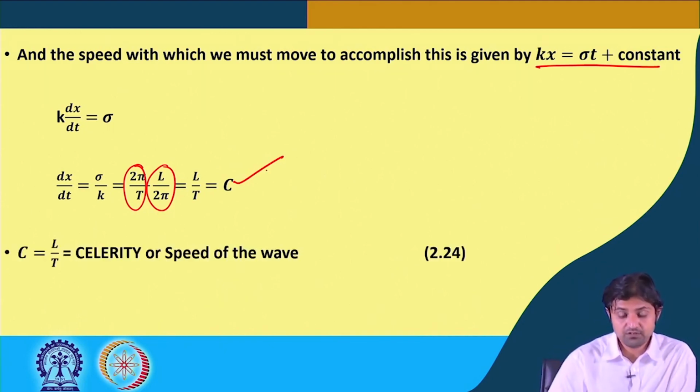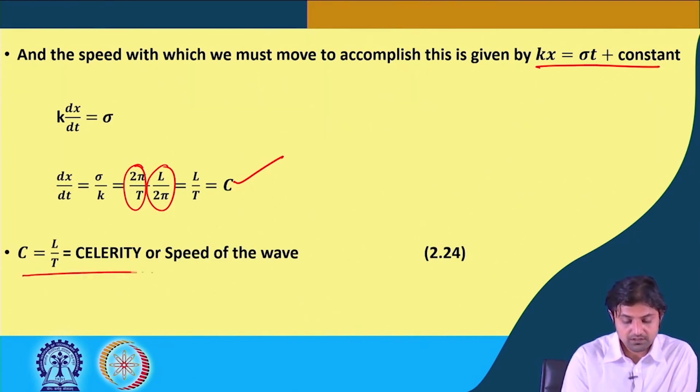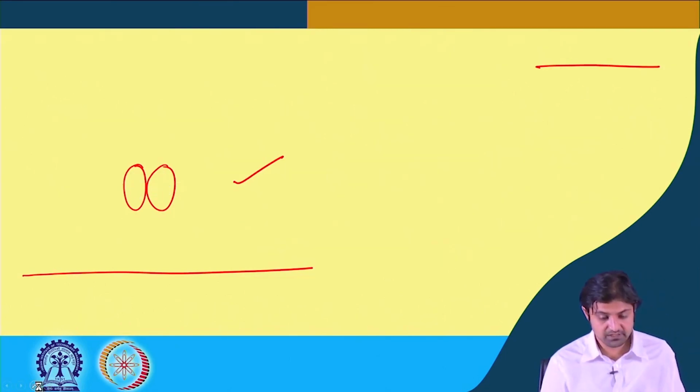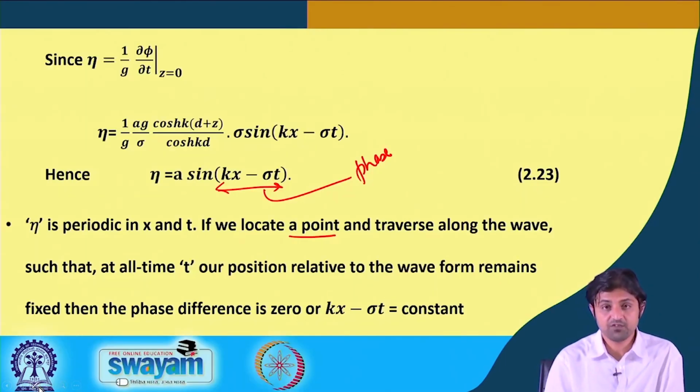So, to determine the velocity of the wave, this is how the wave celerity, that is wavelength by time period, is the celerity. This is the basis of finding the wave celerity: if we locate a point and traverse along the wave such that at all time t our position relative to the waveform remains fixed.